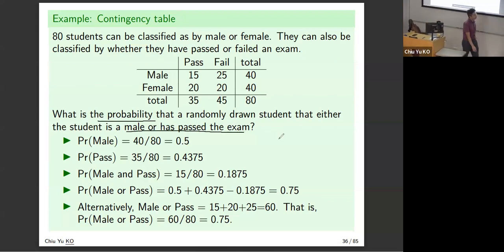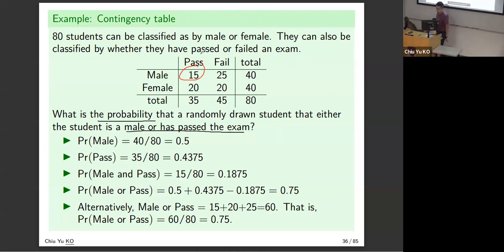We want to use this probability rule. So I'll remind you what the 15 here means: this student is a male who passed the exam. It's AND, an intersection. 15 students there. And to remind you again, what do you mean by this 20?